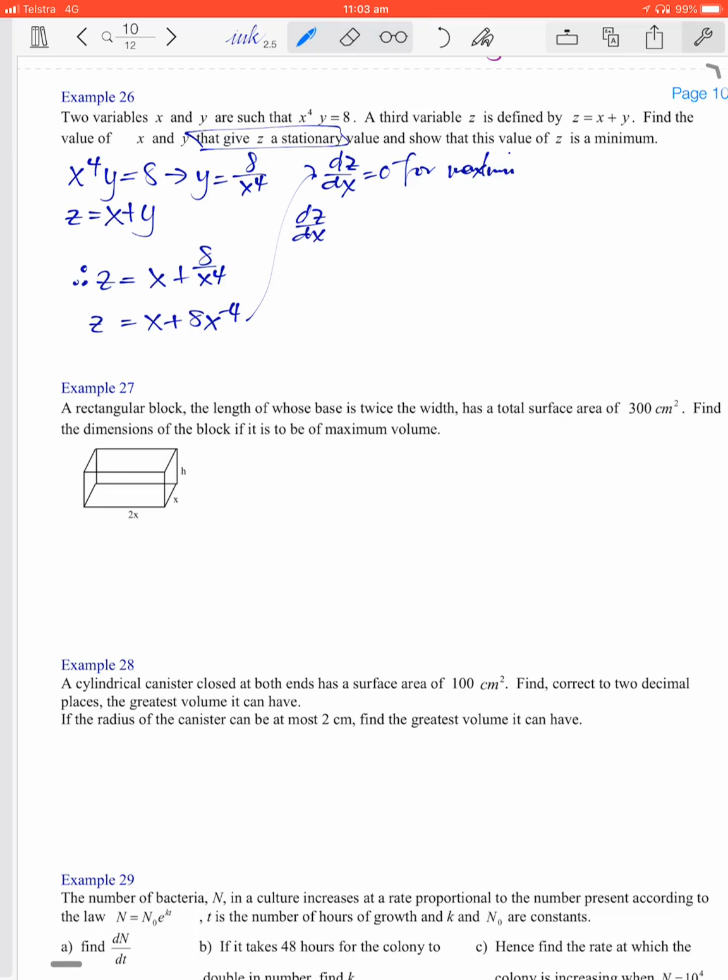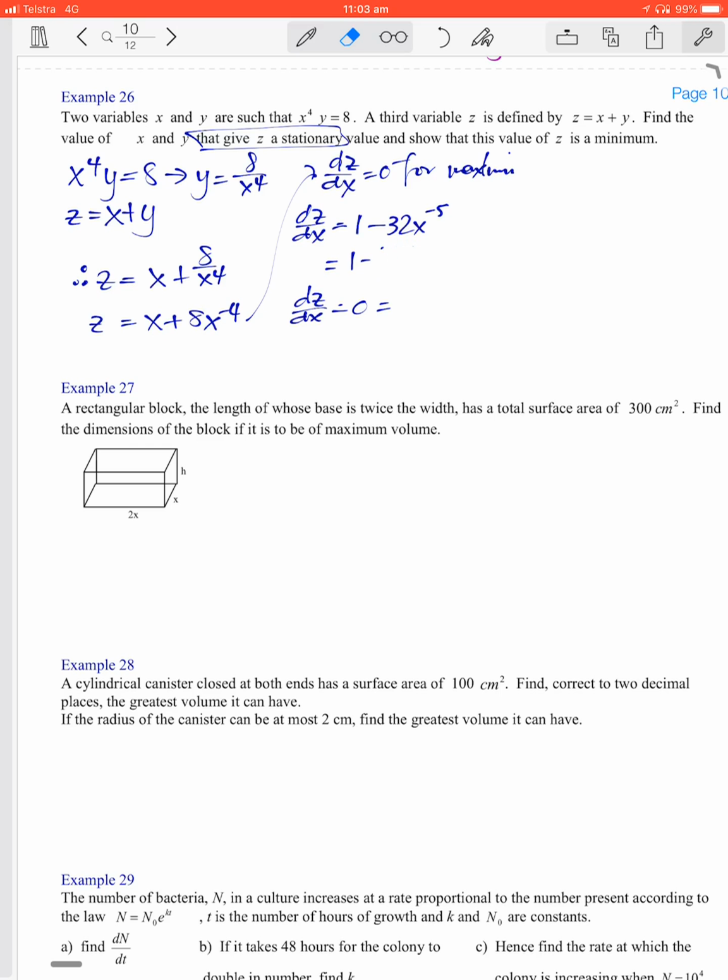dz/dx equals 1 minus 32, and we take 1 away from the power, negative 5. So I get 1 minus 32x to the negative 5. Hang on, I stuffed that up.